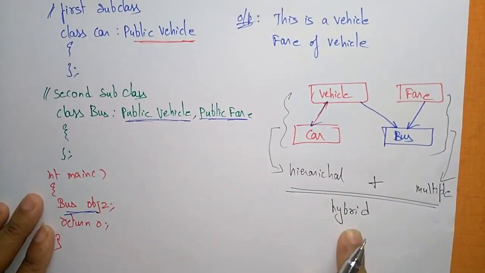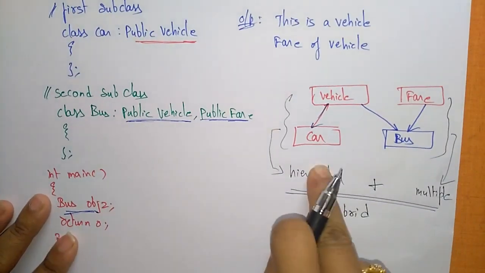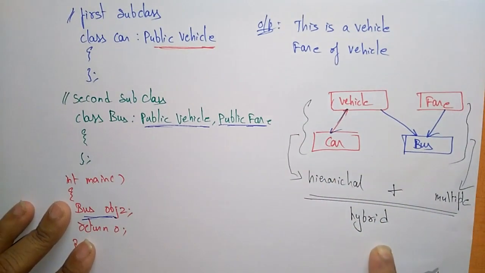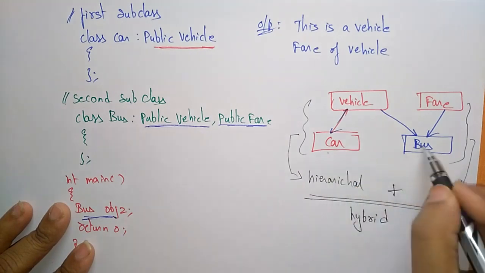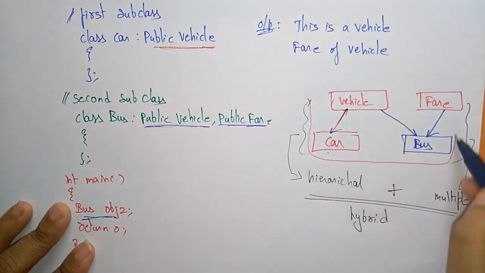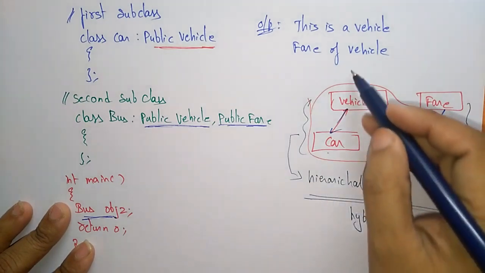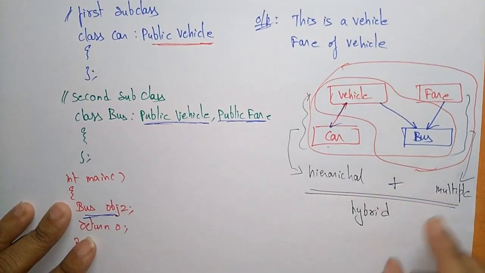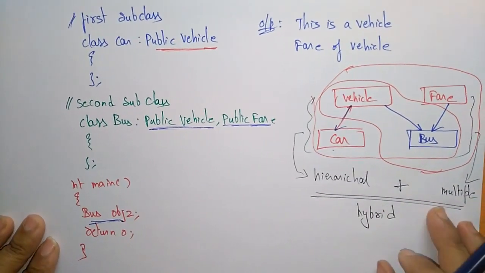Hybrid is a combination of both hierarchical plus multiple inheritance. Up to here is the hierarchical representation, and this is multiple inheritance. Hierarchical plus multiple, you get the hybrid.